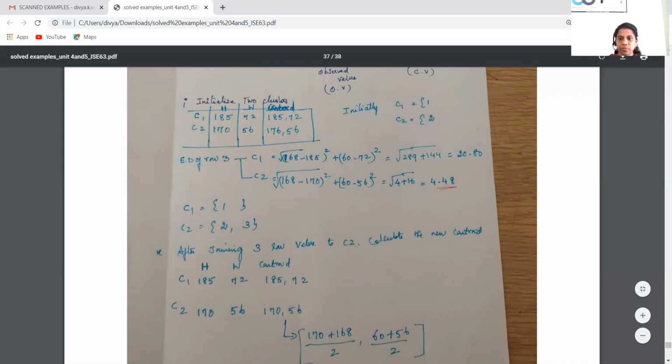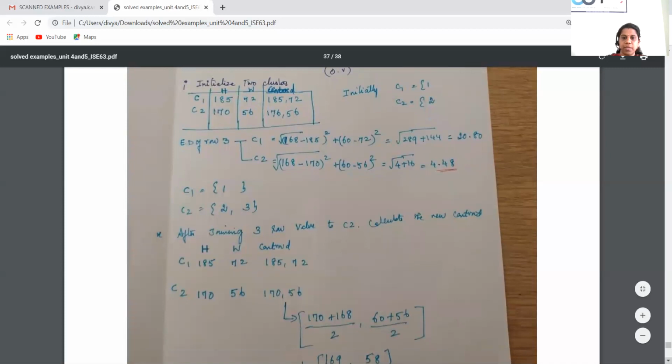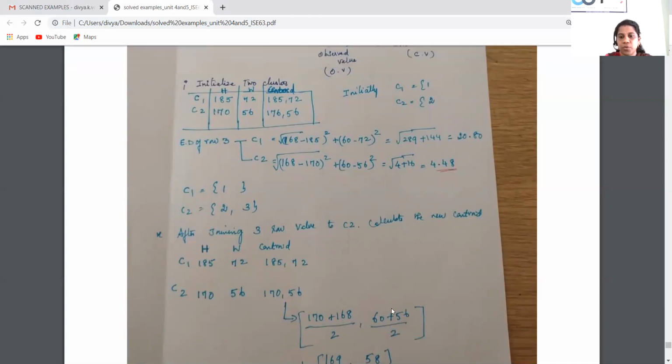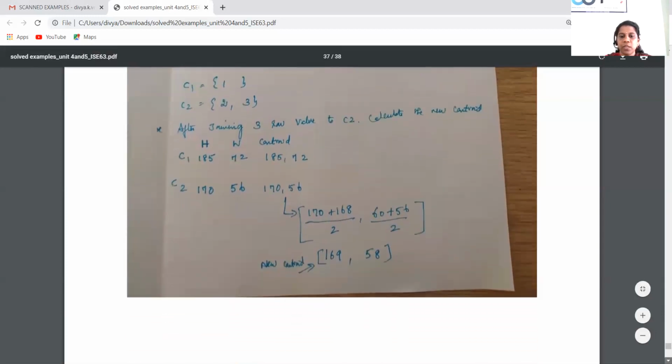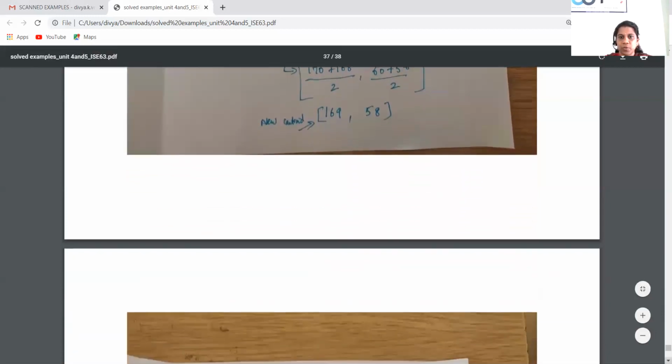Now, based on that, after adding the third row to C2, we can calculate the new centroid also, right? So each time we can calculate the new centroid as we told in the procedure.